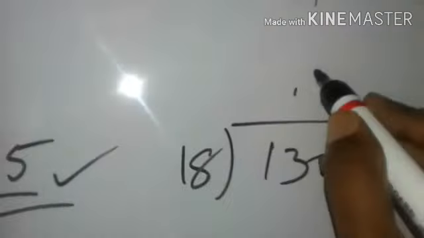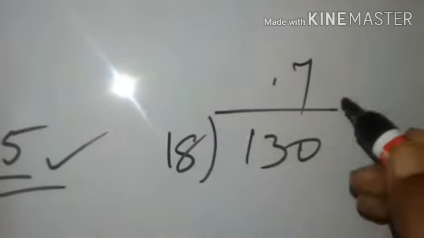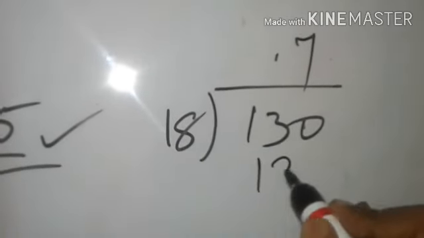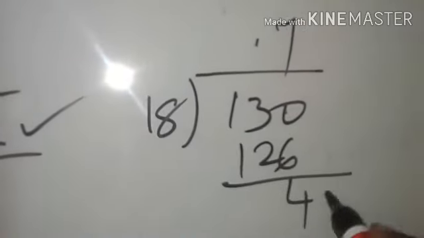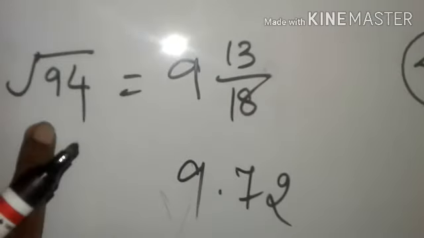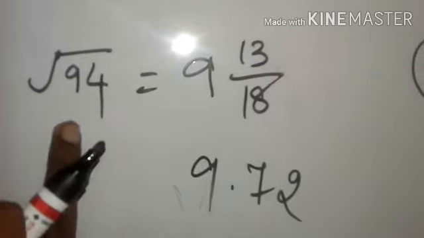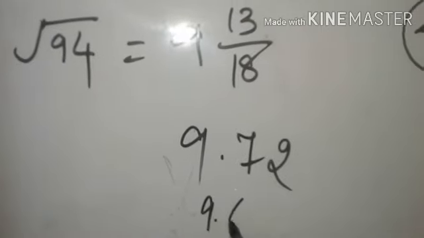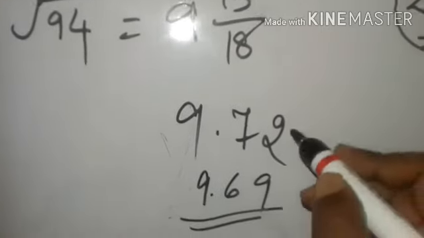It should be 7. 18 7s are 126. So it is 4, 40, 18 2s are 36. So 0.72. So it is 9.72. Let's check: the original answer for root 94 is 9.69. More or less we can equate this.